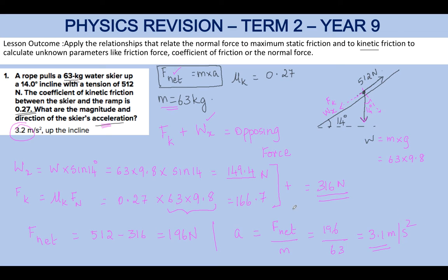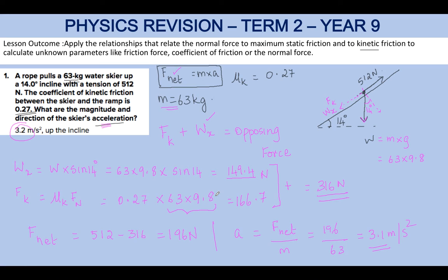It might look confusing, but if you break it down into steps and follow them one by one, you'll get there. We are applying Newton's second law. You find all the forces acting on the object: break weight into components, and use the formula for Fk, which gives two forces.